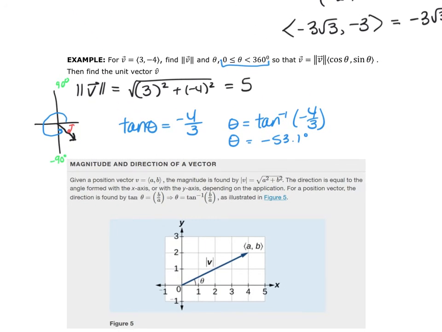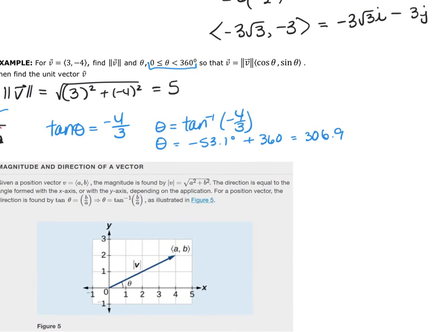If I add a full rotation, so plus 360 degrees, I will actually get this angle that I have right here, which is the 360 plus that 53.1. And the angle that I get is 306.9.